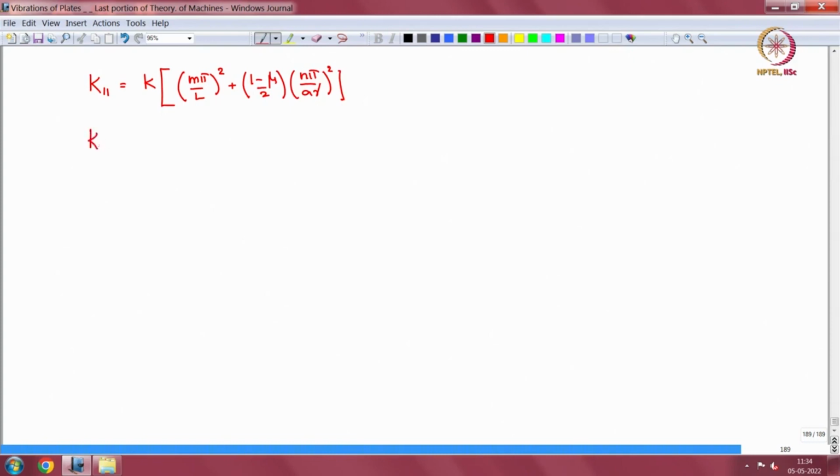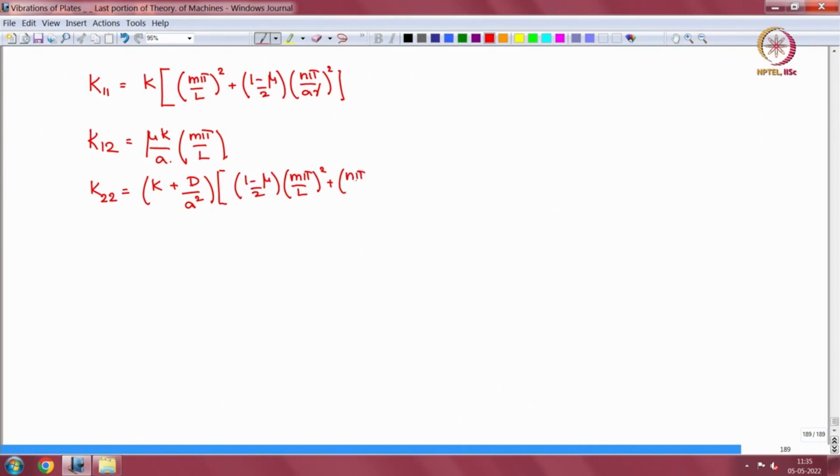Then K12 is equal to mu K by a times m pi by L. K22 is equal to K plus D over a square, into 1 minus mu by 2, m pi by L whole squared plus n pi by a gamma whole squared.